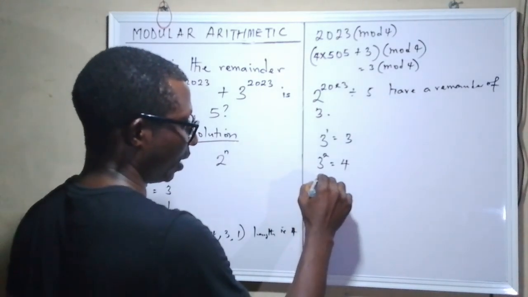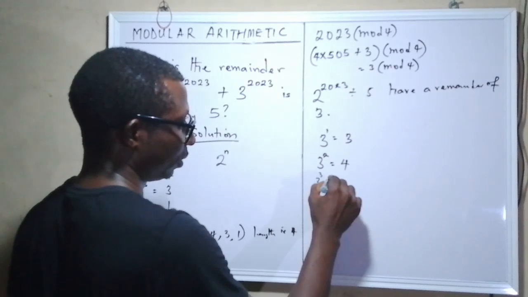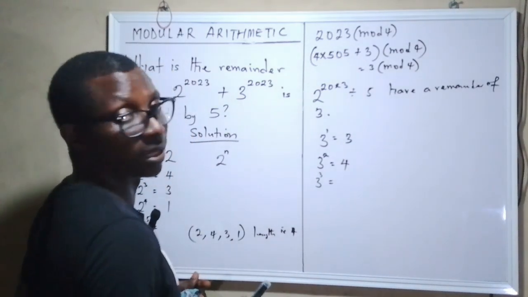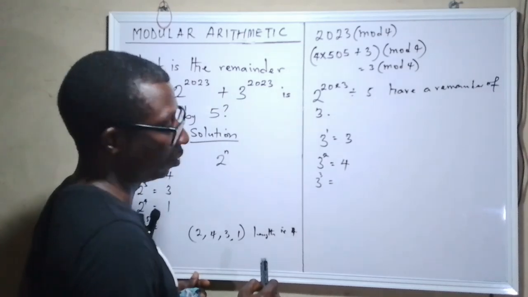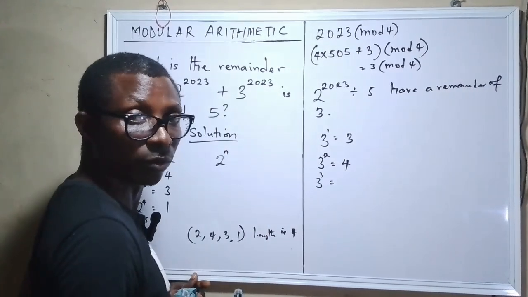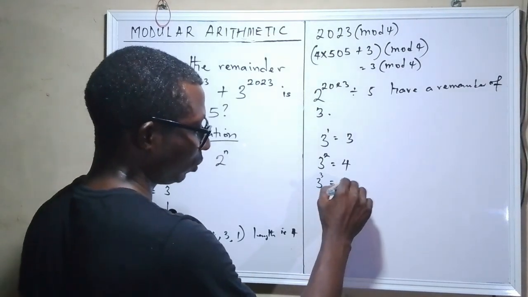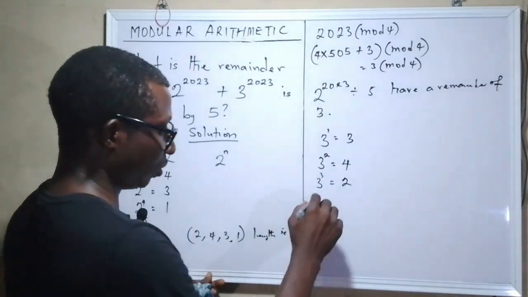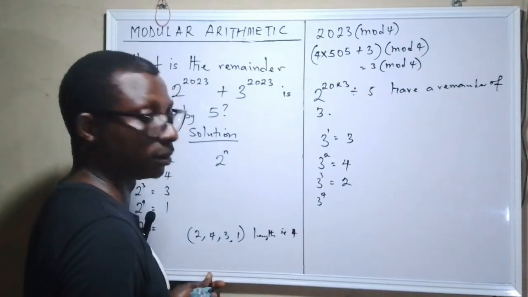Okay, so the next one is 3 raised to the power of 3. 3 raised to the power of 3 is 27. So 27 divided by 5, we are going to be having 5 remainder 2. So we have 2. Okay, now let's look at the next one. 3 raised to the power of 4, that's 81.